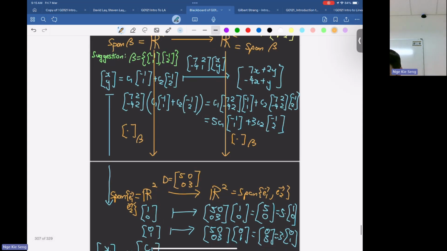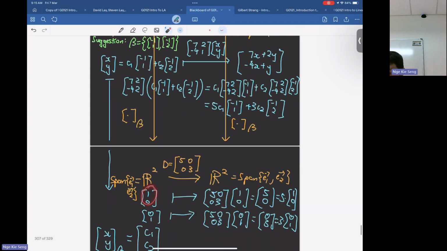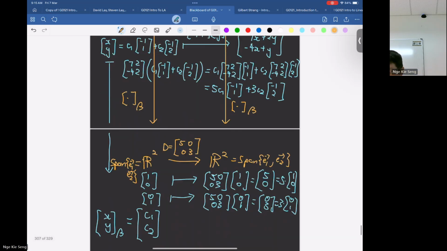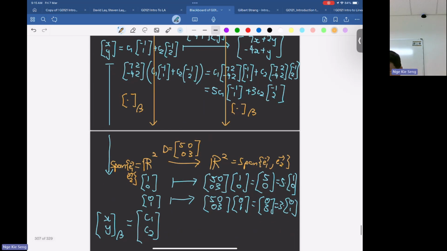Do you know what the pre-image of 1, 0 is here? Maybe you need this. So now you take C1 to be 1, C2 to be 0. What's the pre-image here? If you go back, what's the pre-image?